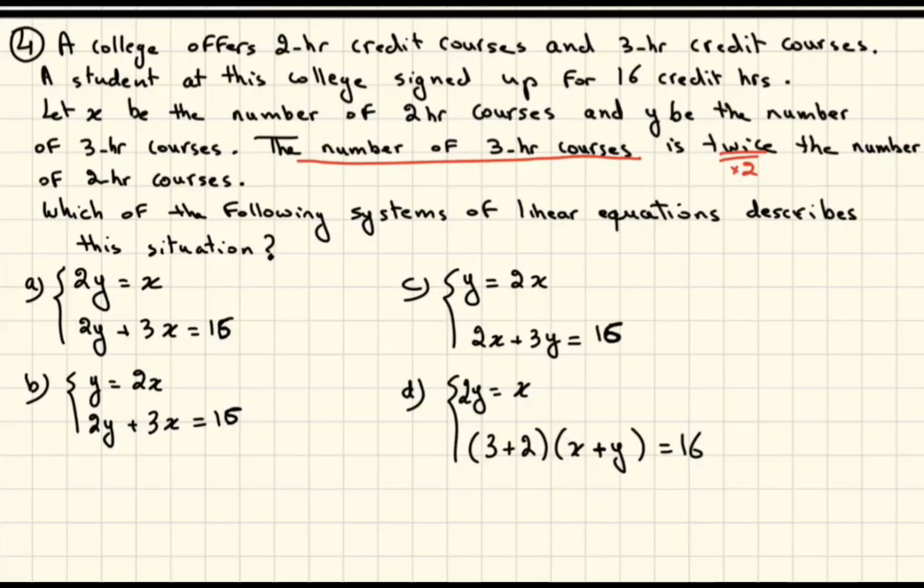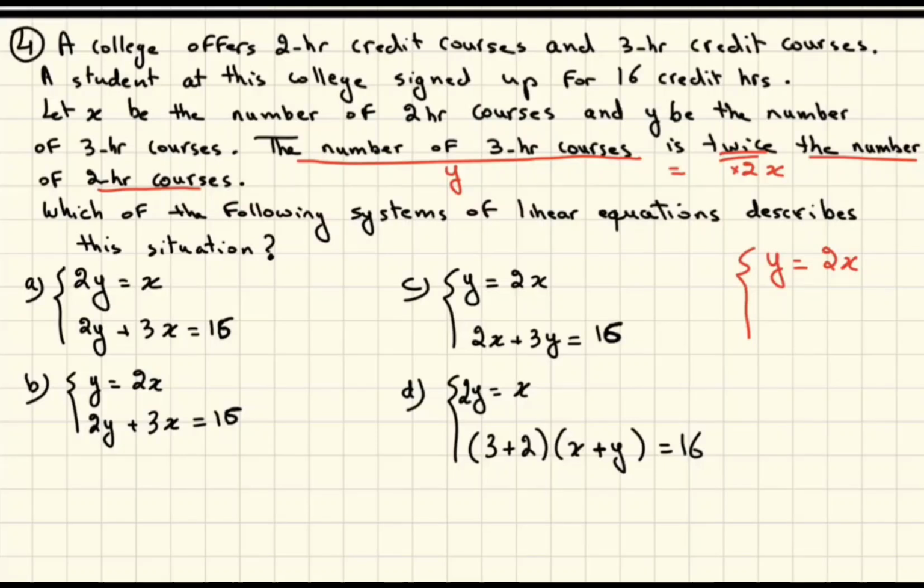So directly from here, the number of 3-hour courses is denoted by y. "Is" means equal. Twice means 2 times. The number of 2-hour courses is denoted by x. So I got the first equation in the system, y equals 2x.